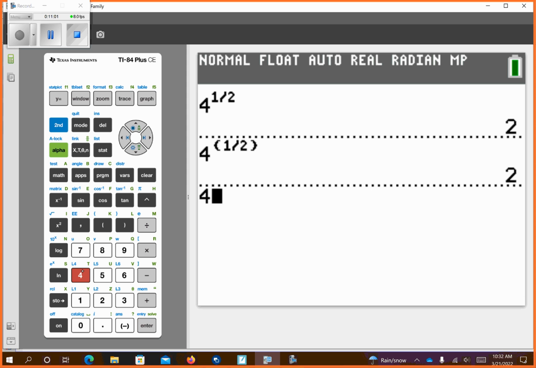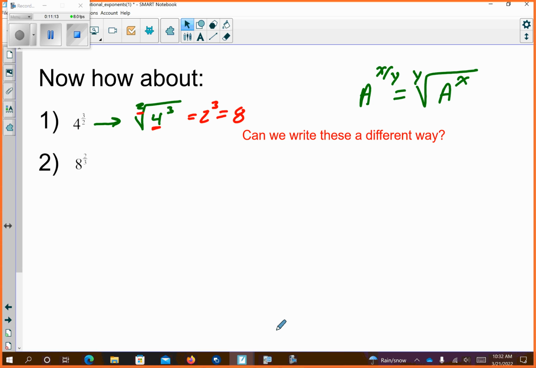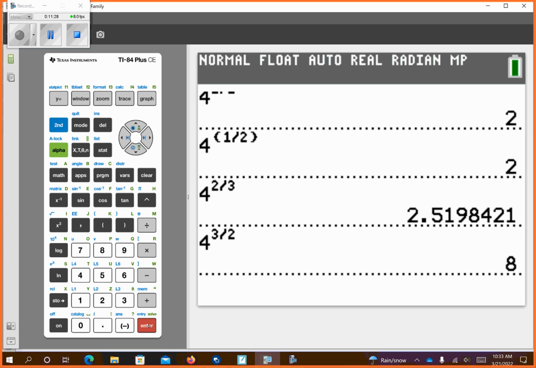It was 4 raised to the 2/3 power. Is that what it was? No, it's 3/2 power. 3 over 2. 4 to the 3 over 2 power. 4 raised to the 3 divided by 2. 8.